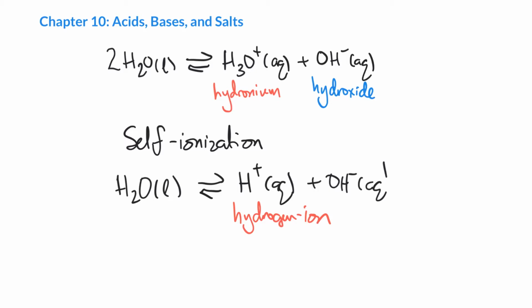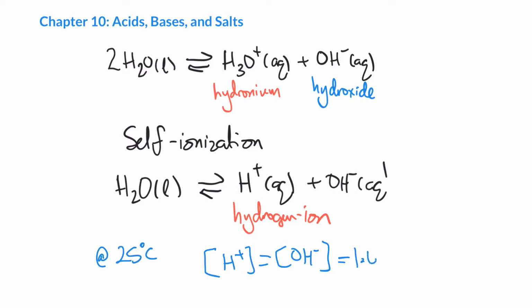So people have measured these concentrations, and it turns out that at 25 degrees C, which is very close to room temperature, it's probably a little warmer maybe than we'd be comfortable with, the concentration of the H+ ion and the OH- ion is exactly the same, and it's 1.0 times 10 to the minus 7, and that's capital M. That means molarity, which of course is moles per liter.